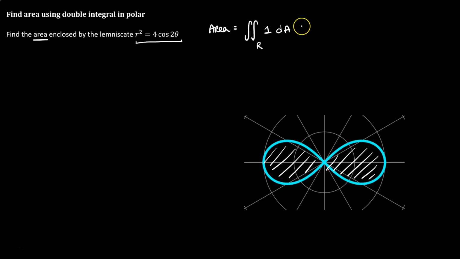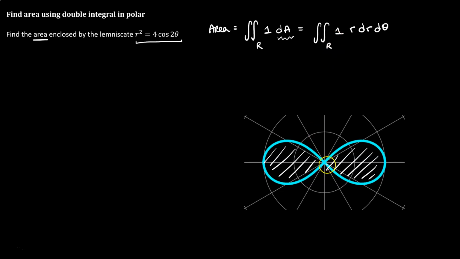So we're going to do the same thing, but in polar coordinates. So we'll have our double integral over our polar region. We integrate underneath the function 1, and for polar, dA gets replaced with r dr d theta. And so now we just need to find the bounds of integration for r and theta.